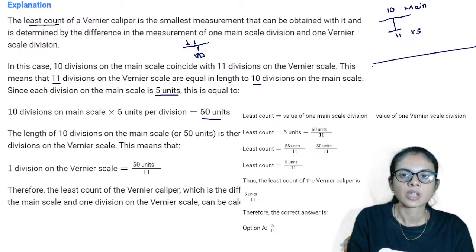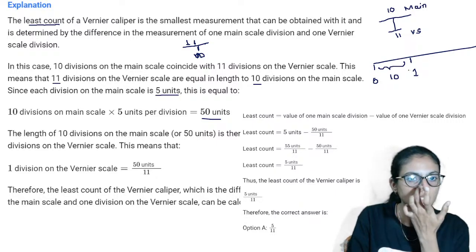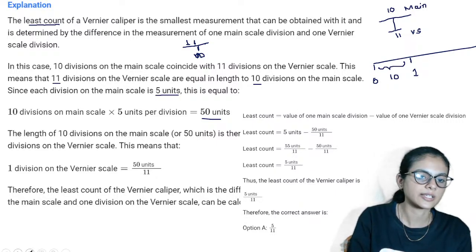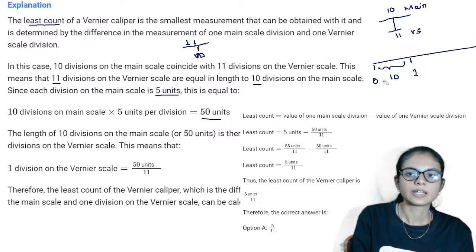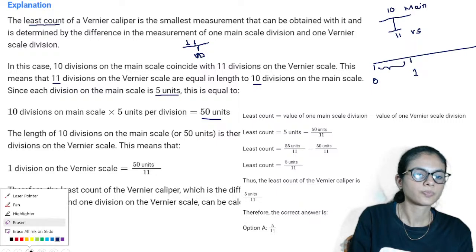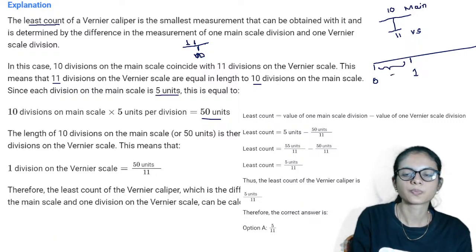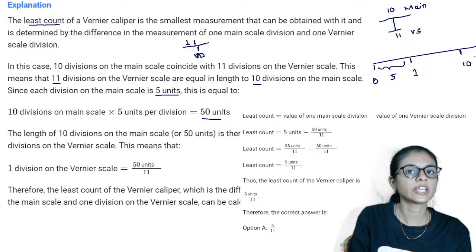Between 0 and 1, how many units? Not 10, it is given as 5 units. Then what are the units between 0 and 10? For 0 to 1, it is 5. 0 to 2, it will be 10. 0 to 3, 15. 0 to 4, 20. 0 to 5, 25. Getting what I'm telling?